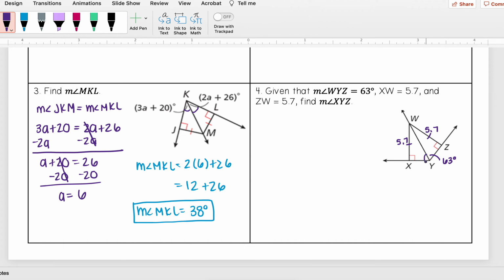And so that means that these two angles are going to be congruent. And so because this is being bisected, I know that the measure of angle XYZ is going to equal 2 times the measure of angle WYZ.